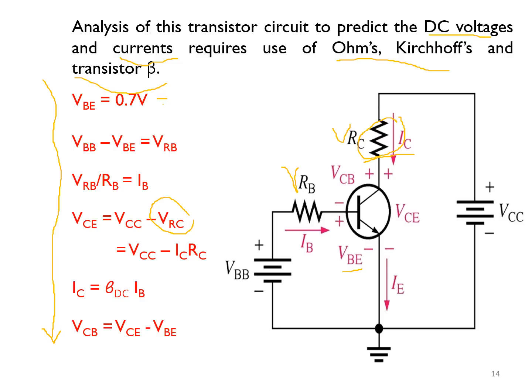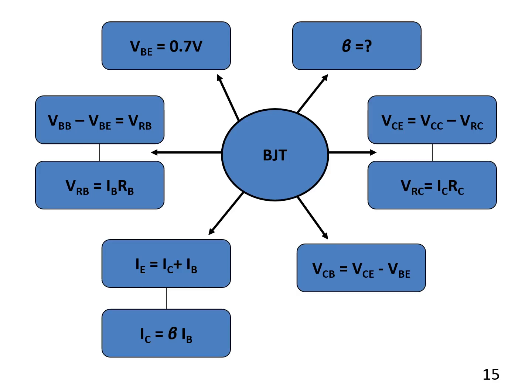And IC is equal to beta DC IB, and VCB is equal to VCE minus VBE. So these are the equations that we will use in order to analyze the BJT.